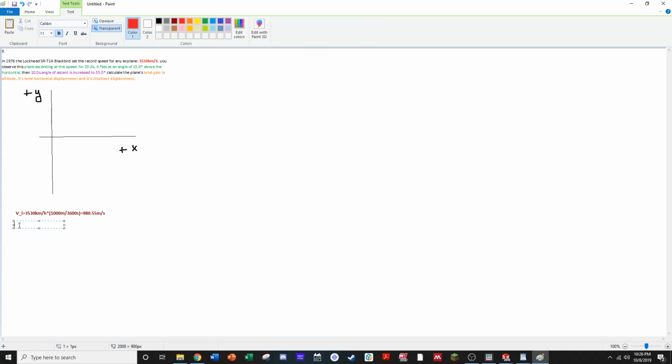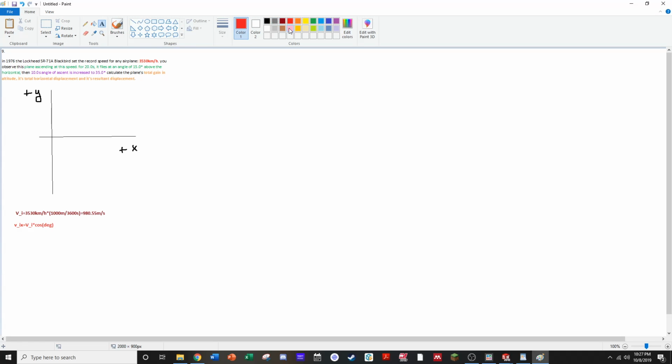I'll put this in red. So the displacement for the x values, so the speed that's moving in the x direction, v sub i of x, because it's the initial, equals v sub i times the cosine of the angle, so degrees.